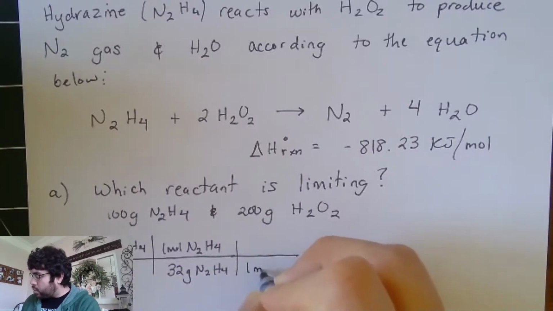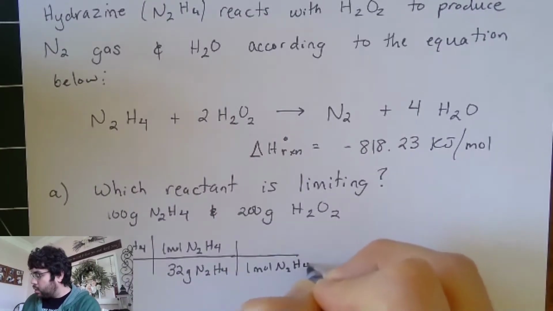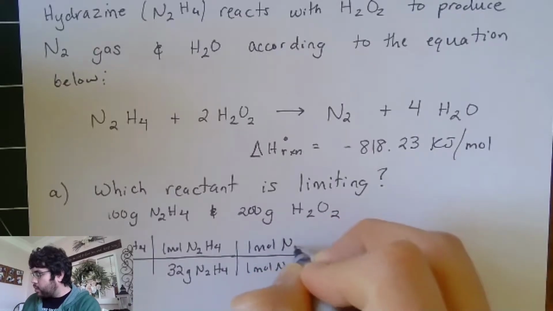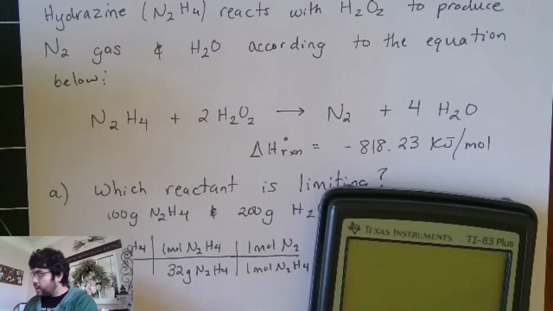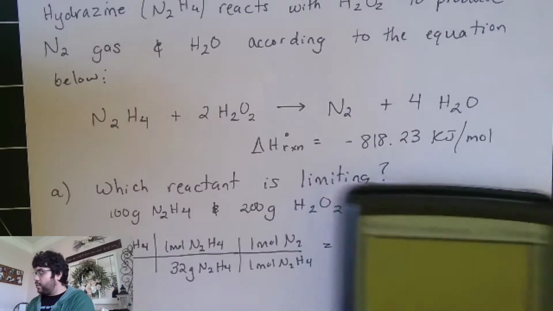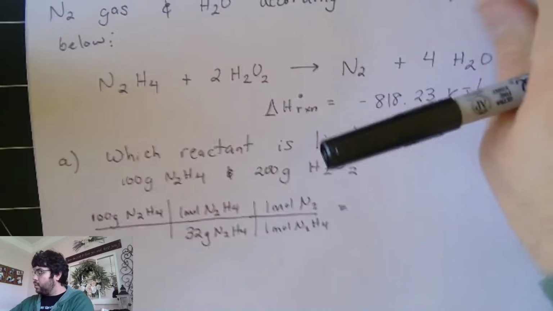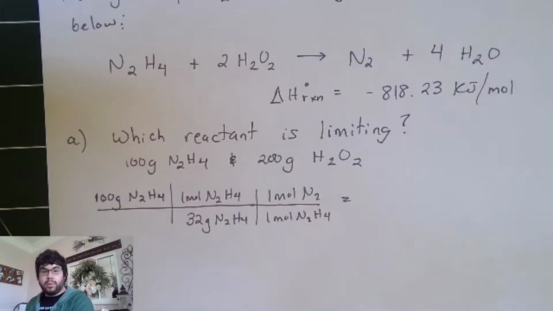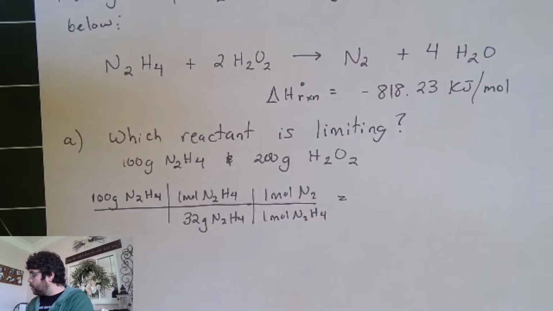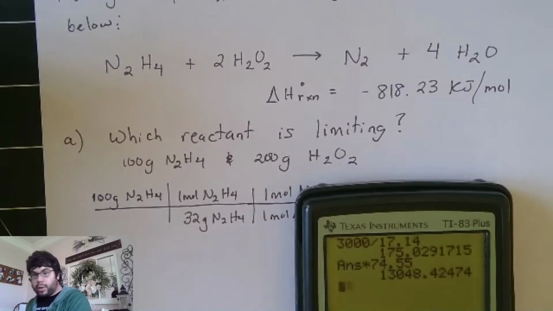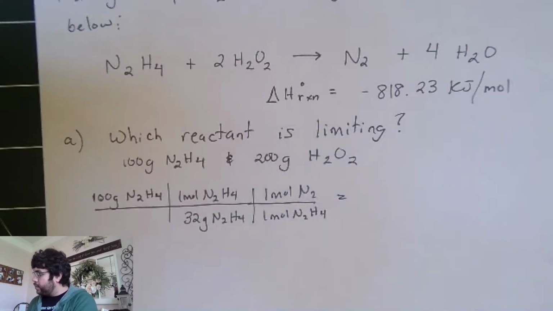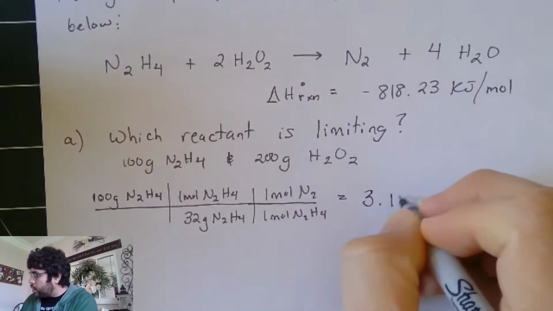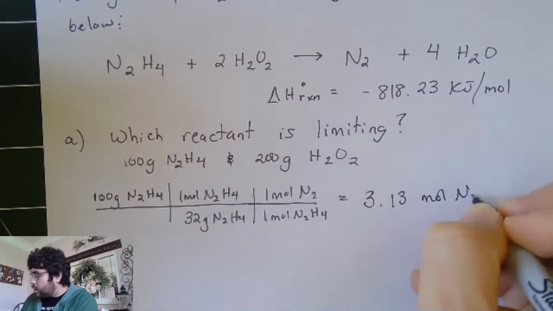So for every 1 mole of hydrazine consumed, 1 mole of N2 is produced. So at the end of the day, this is just going to be 100 divided by 32. 3.125. Let's just do 3.13. So 3.13 moles of N2.